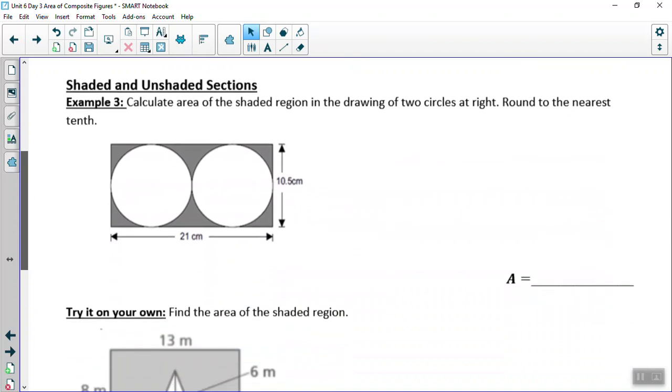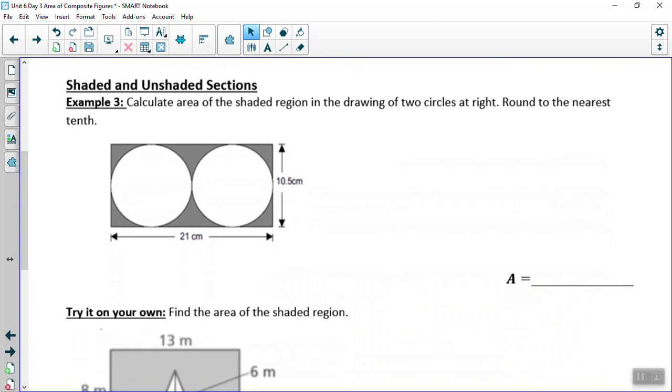All right, now let's take a look at what happens when we have shaded and unshaded sections in a picture. Here they want us to calculate the area of just the shaded region. Okay? So one of the things that I always like to think about with this is, let's say I've got a piece of paper. I can find the area of that paper, but then what happens if I cut 2 holes in the area?